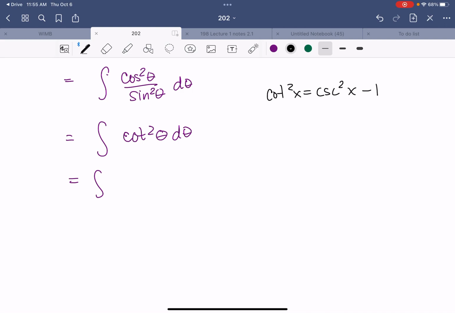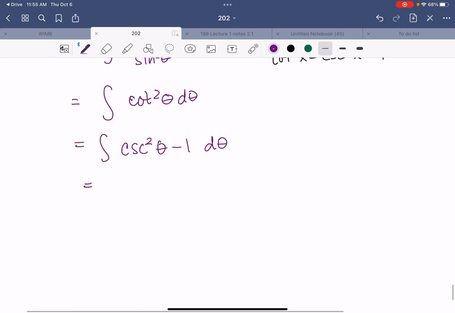So if I make that substitution, then this is the integral of cosecant squared theta minus 1 d theta. And the reason I do that is because I don't have an antiderivative for cotangent squared, but I do have an antiderivative for cosecant squared. Cosecant squared is the derivative of cotangent, so I get negative cotangent theta minus theta plus a constant.